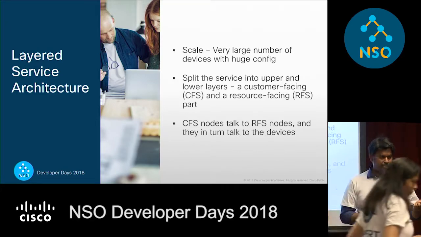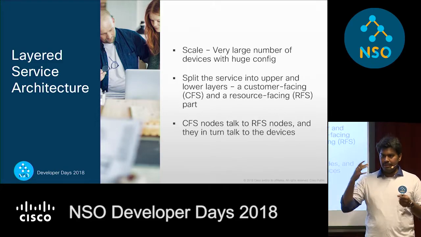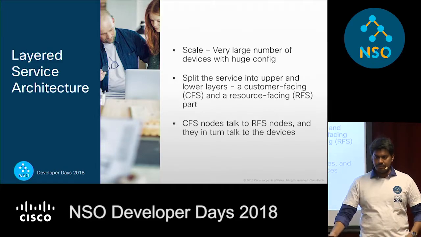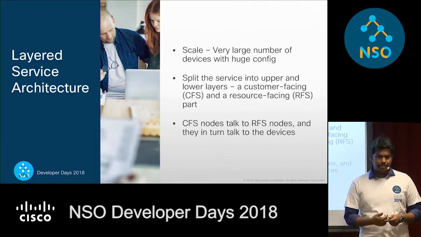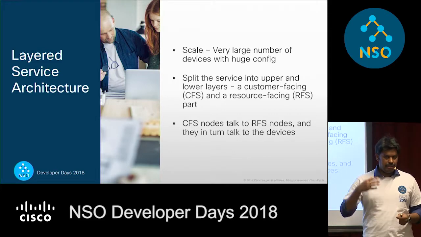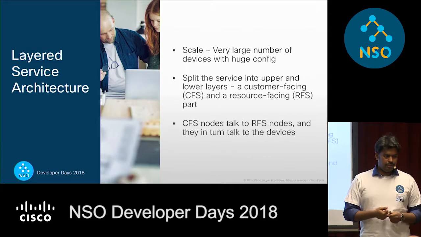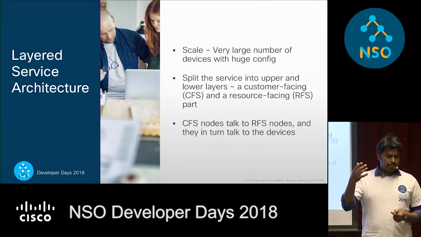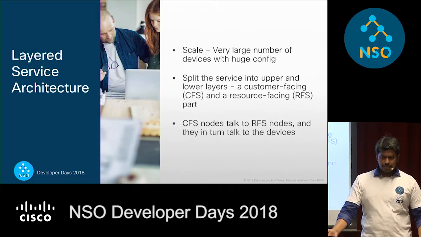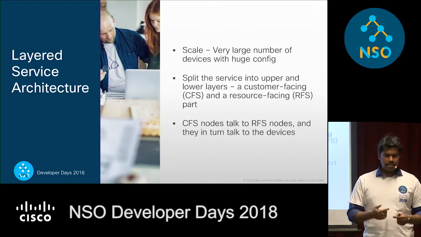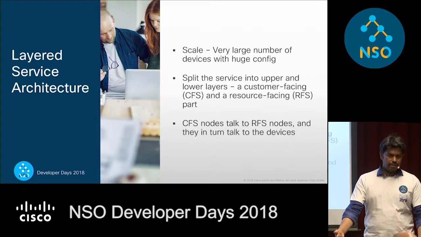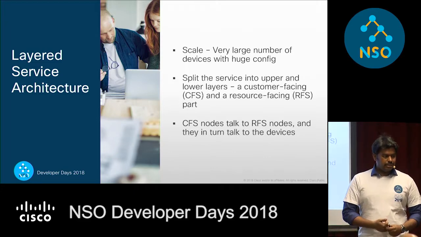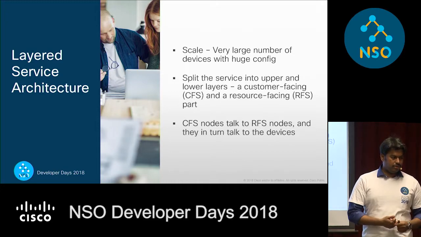So what happens here is you still split it into top and bottom services, or multiple layers even, but then you don't have the same model in the top and bottom layers. You adapt the model so that the top layer only knows about the lower NSO nodes, and it knows nothing about the devices at all. And the lower nodes, in turn, know about the devices underneath or the other NSO nodes.